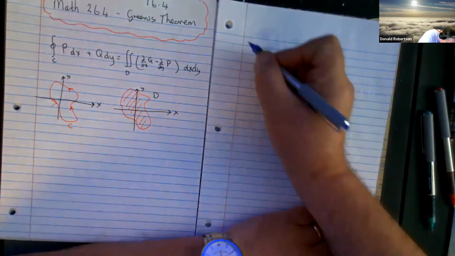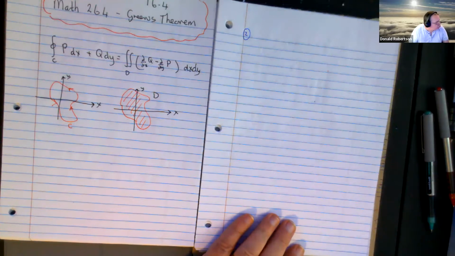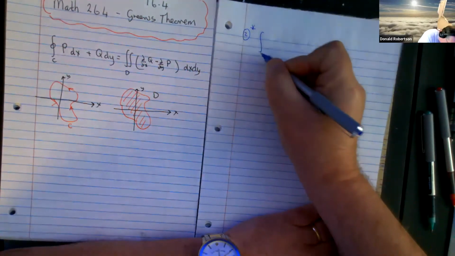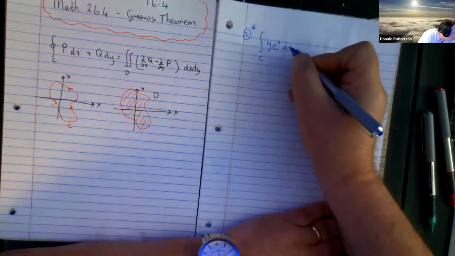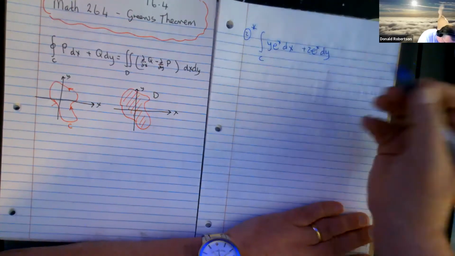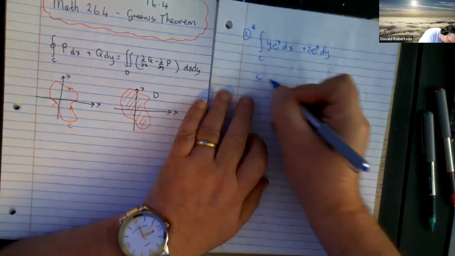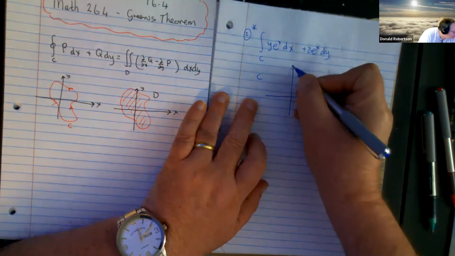So next one, question 2. Do I need 2 or will I do 3? Let's see, yeah, 2's different. It's different enough at least. We're doing that guy: y e to the x dx plus 2 e to the x dy. That's good. C is described as a 4 point path.